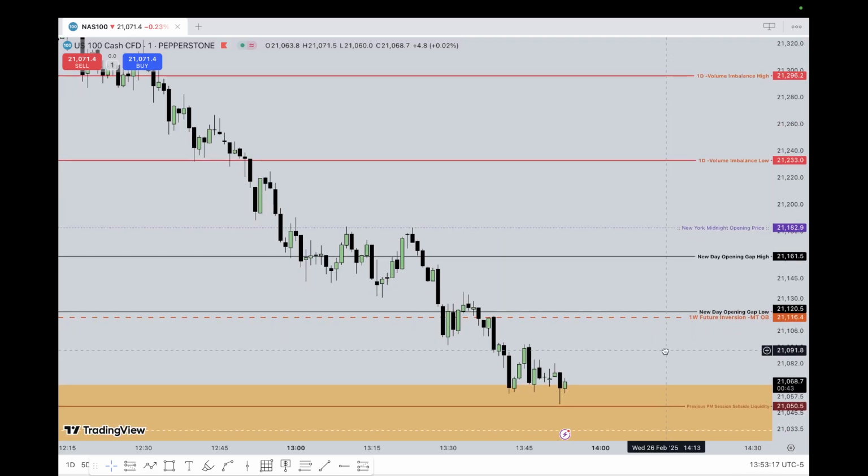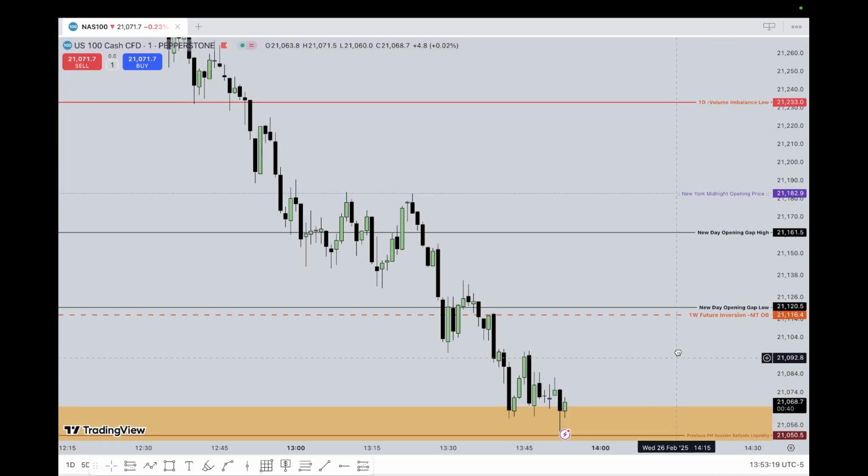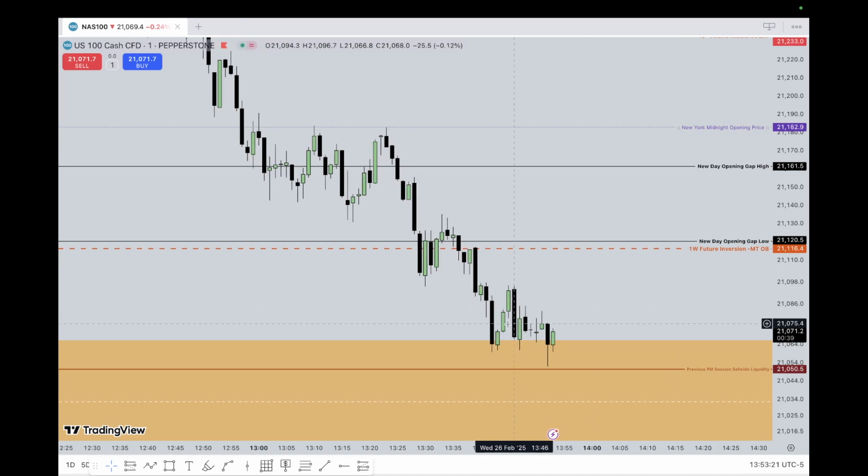So I'm looking at this inversion gap now.